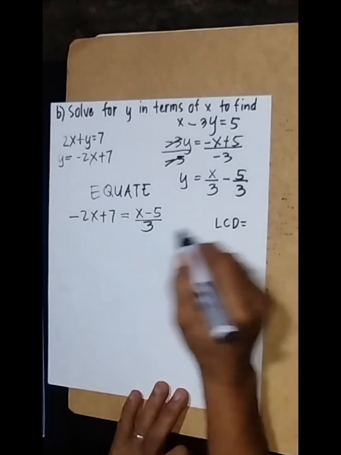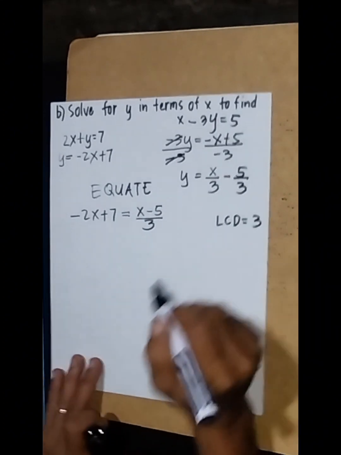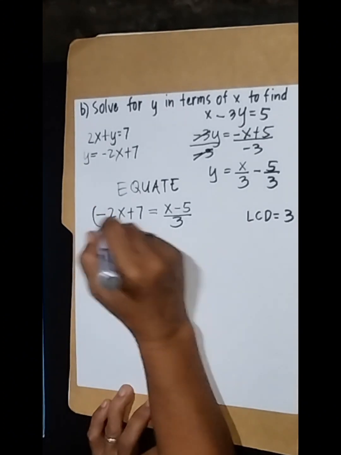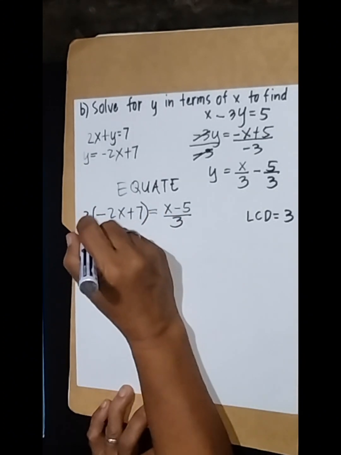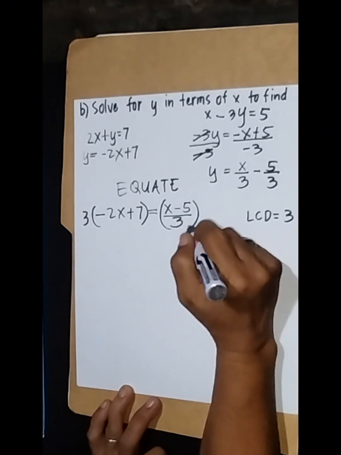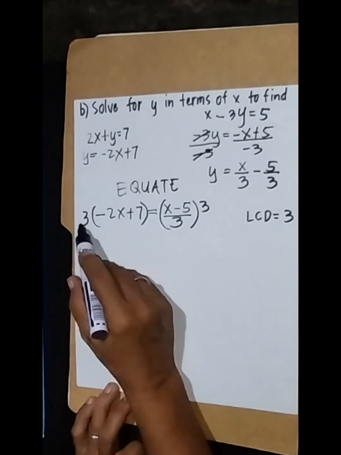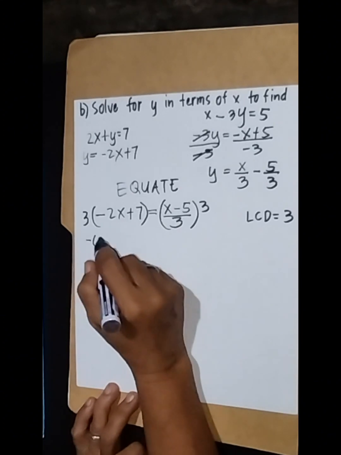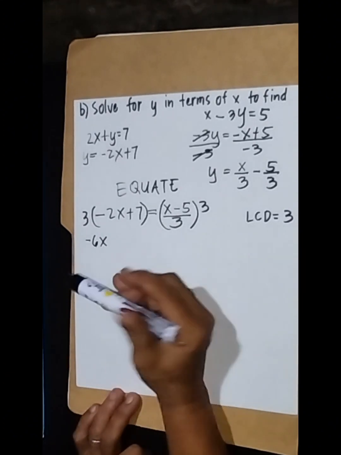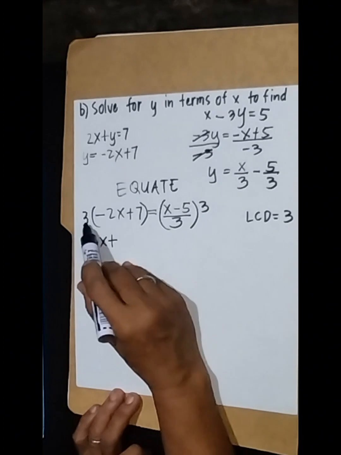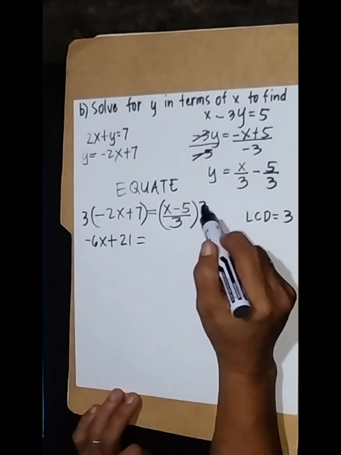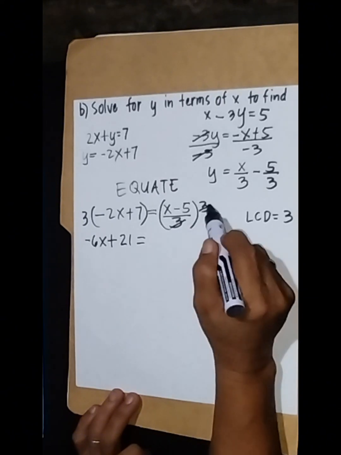So ang LCD is 3. So we multiply both sides of the equation by 3. Ito po, multiply by 3. So 3 times negative 2x is negative 6x plus 3 times 7 is 21 equals 3 divided by 3 is 1.